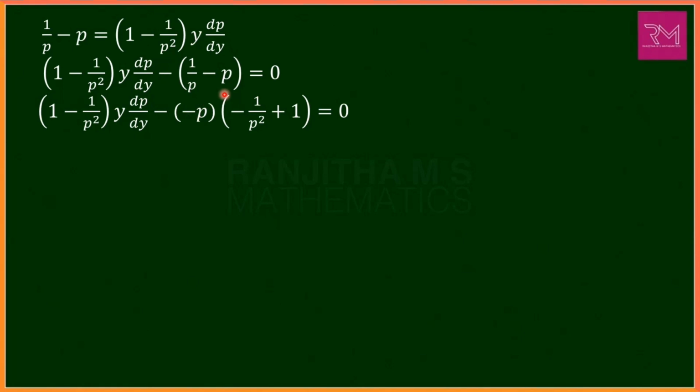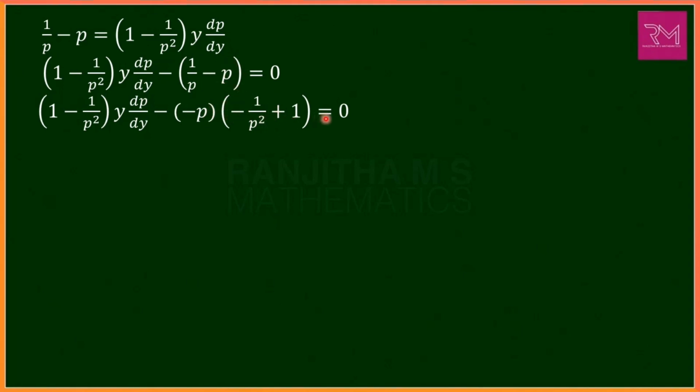That is, if we multiply minus p inside the bracket, the value is 1 by p minus p itself. Let's see: if we multiply minus p inside, the p's cancel, the remaining is 1 by p, and minus p into plus 1 is minus p. So if we take minus p outside the bracket, inside the bracket it is minus 1 by p square plus 1, which is equal to 0.